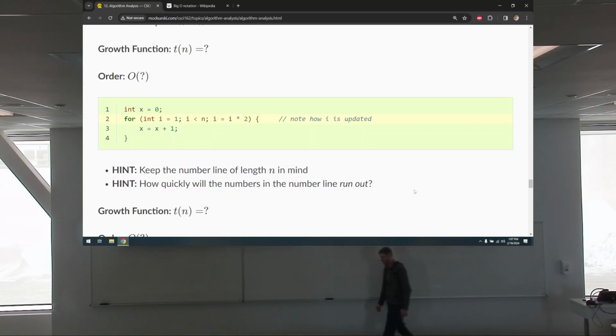So if I go 1, 2, 4, 8, and so on, I'm taking bigger and bigger steps. But it might be helpful to go the other way. Let's say we had n as 1,024, just some arbitrary number, entirely meaningless.